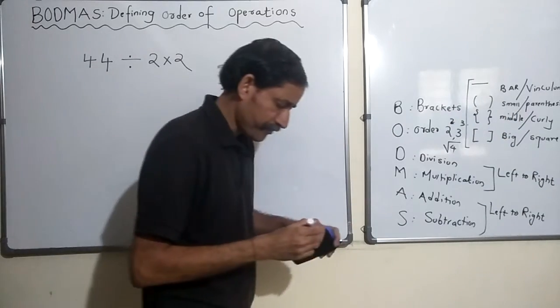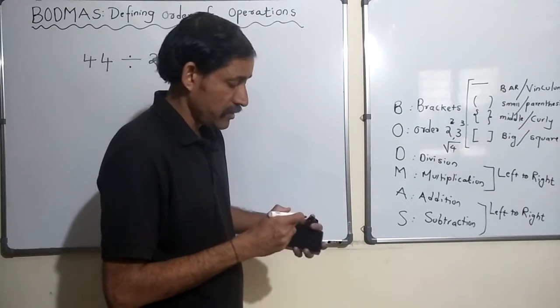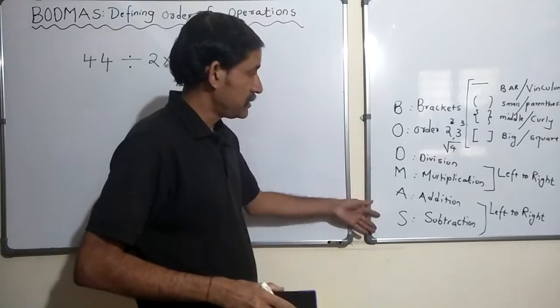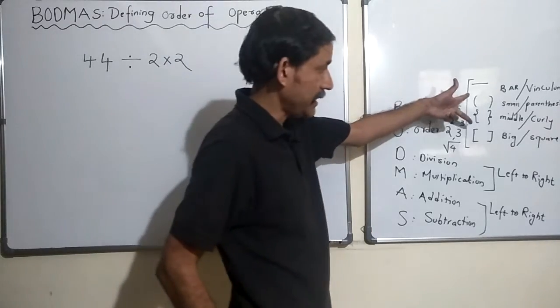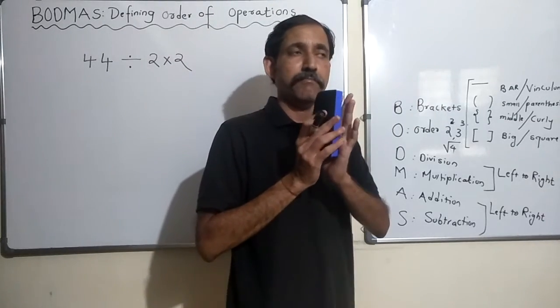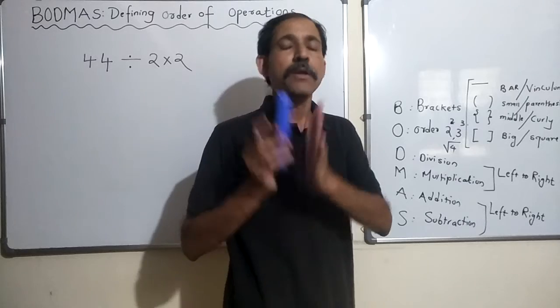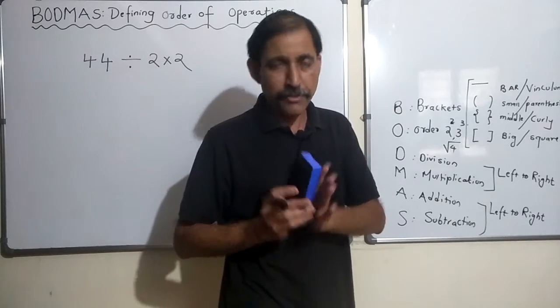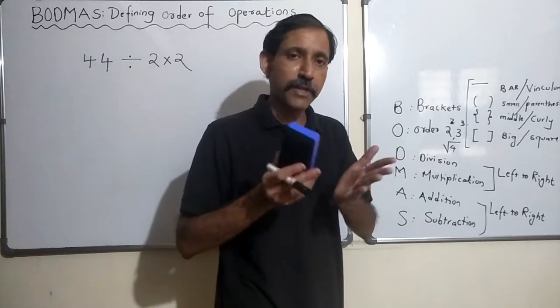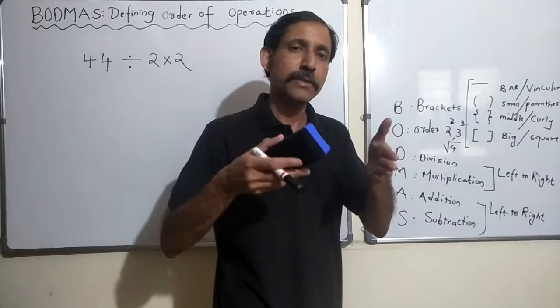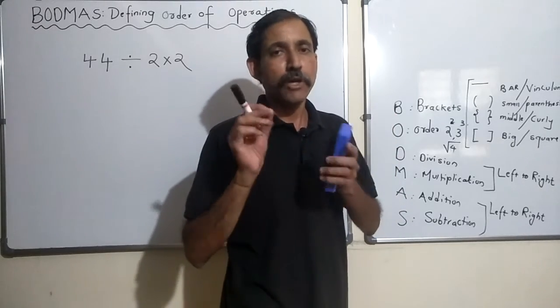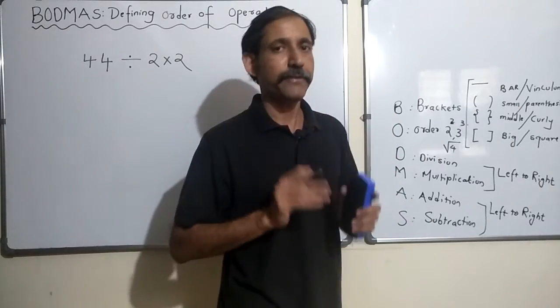So we discussed BODMAS. We know that there are four kinds of brackets. Whenever there is a bracket in a mathematical expression, we would solve the bracket first. We'll go inside the bracket and if there are further brackets, we would try to solve those. So eventually you would end up solving the innermost bracket first.